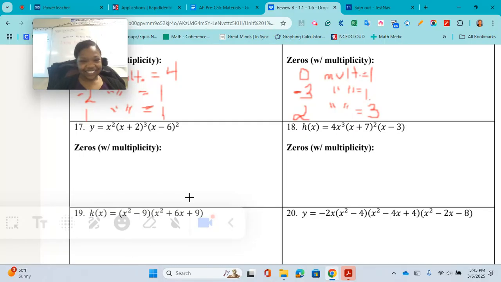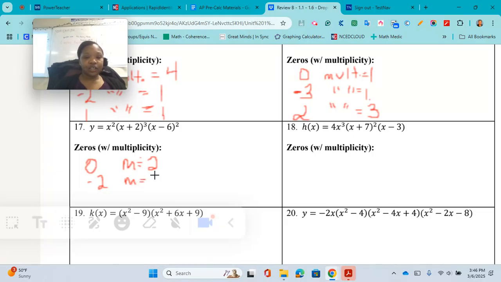I actually did it. Okay, well, 21. For 17, we got zeros at 0 with the multiplicity of, I'm going to put just M, y'all, of 2. We have -2 with the multiplicity of 3.